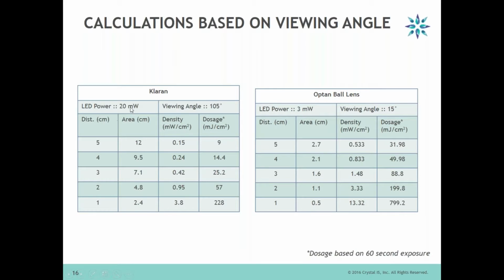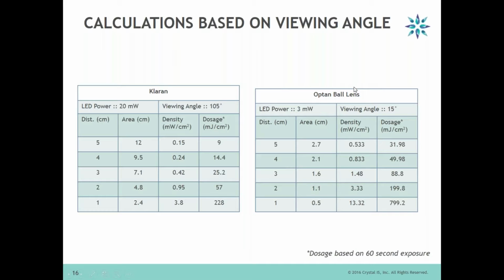This is based on the 20 milliwatt diode for the Claron. And then, of course, finally, the dosage. What is the dosage we will get at those distances? Here you can see a note that it is based on a 60-second exposure time, because to calculate the dosage, we need to know the exposure time.